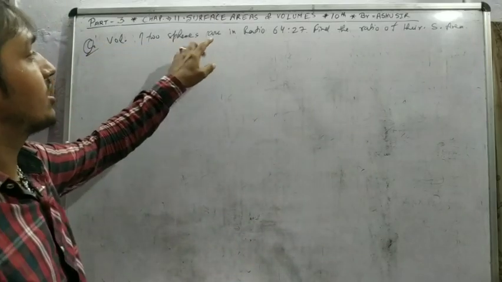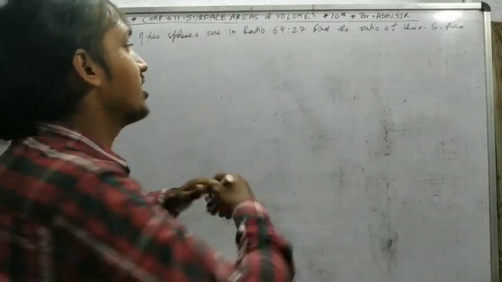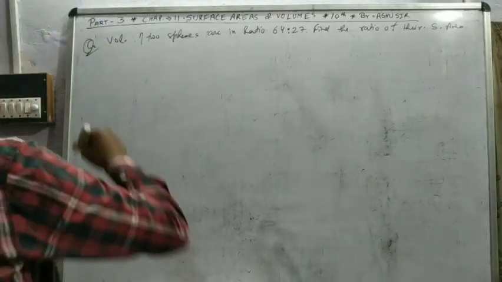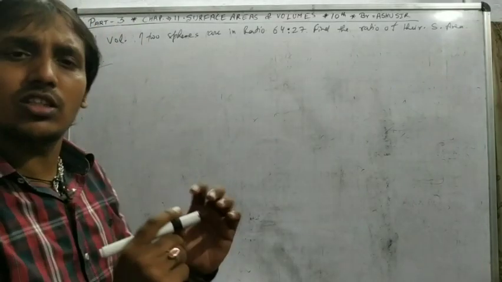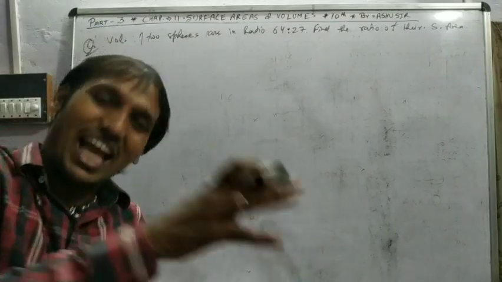Volume of two spheres are in ratio 64:27. Find the ratio of their surface area. This is a basic question, but a little bit above the level of 9th.